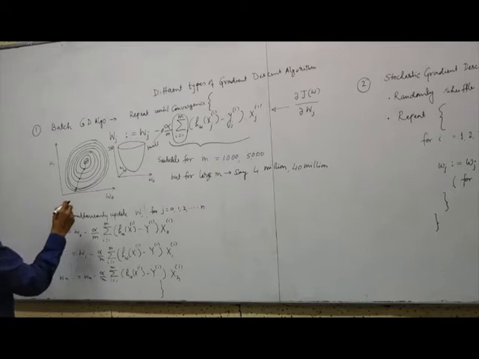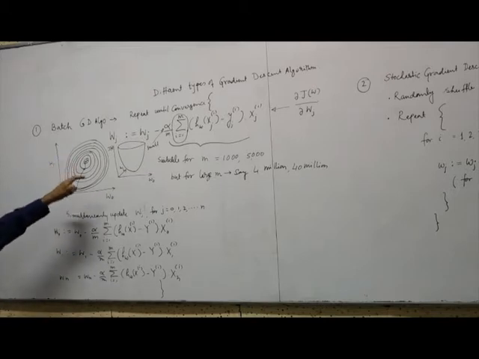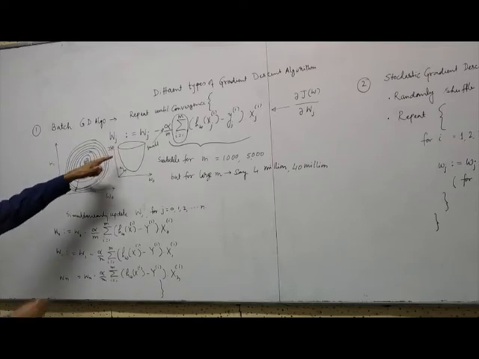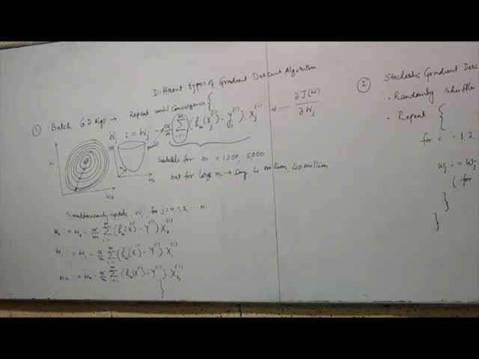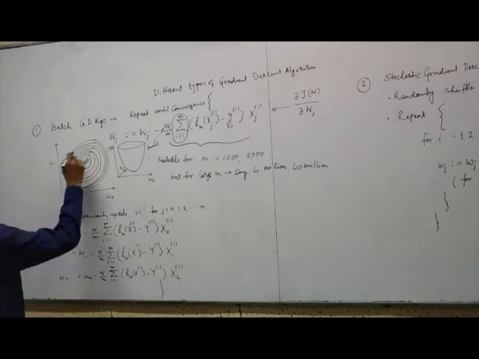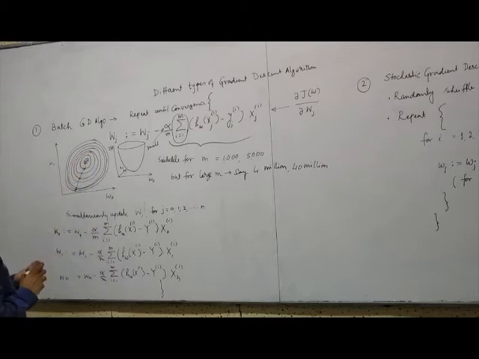Okay, it reached. So these are the states, trickling down, here, there, it is reaching here. So that's a problematic thing. Otherwise, very steadily it will move towards the optimum point.